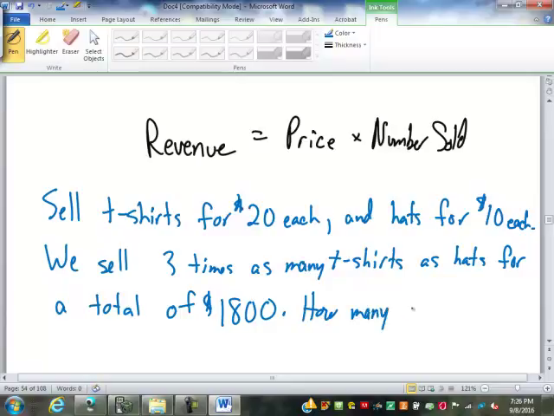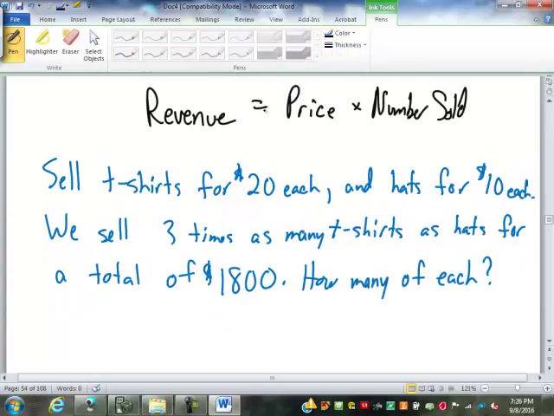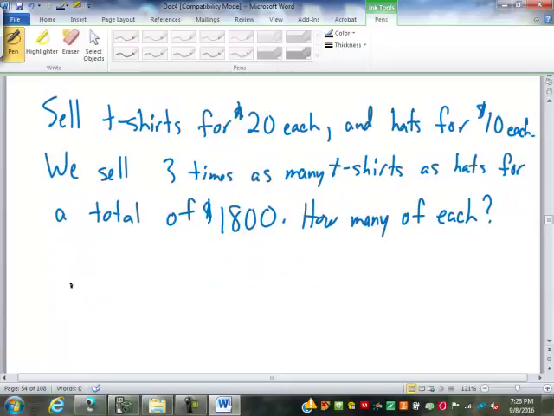How many of each did we sell? So setting this one up is going to become a little more complex. Looking at our t-shirts and our hats.